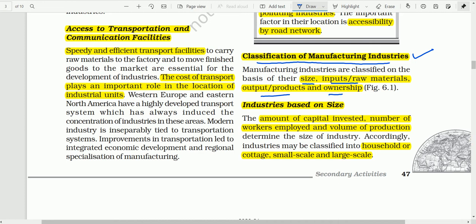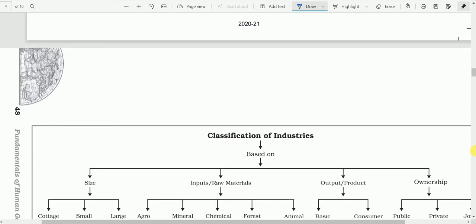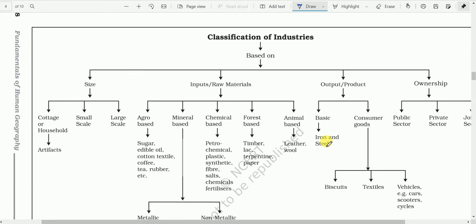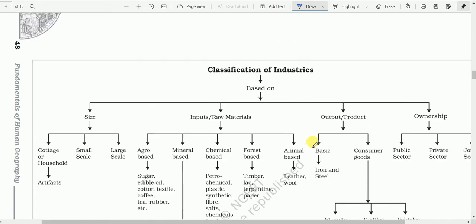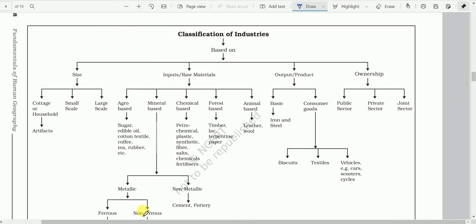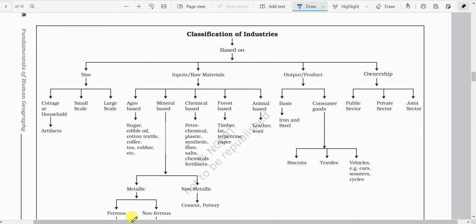In the lower classes, also in class 10, we have learned about the classification of industries. So now let us revise. This chart shows the classification of industries.